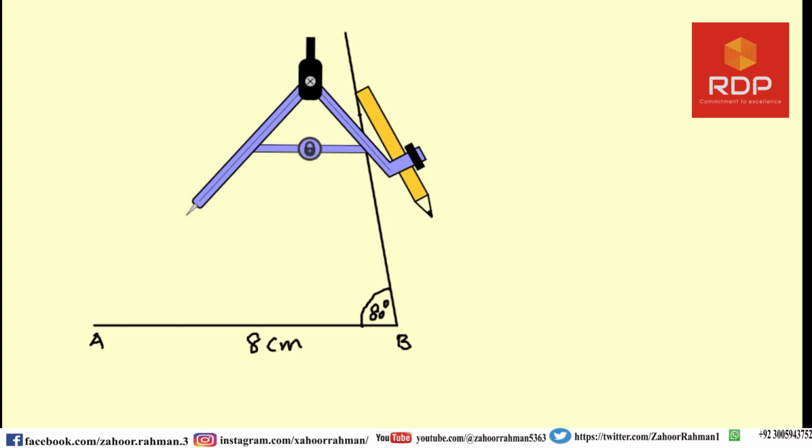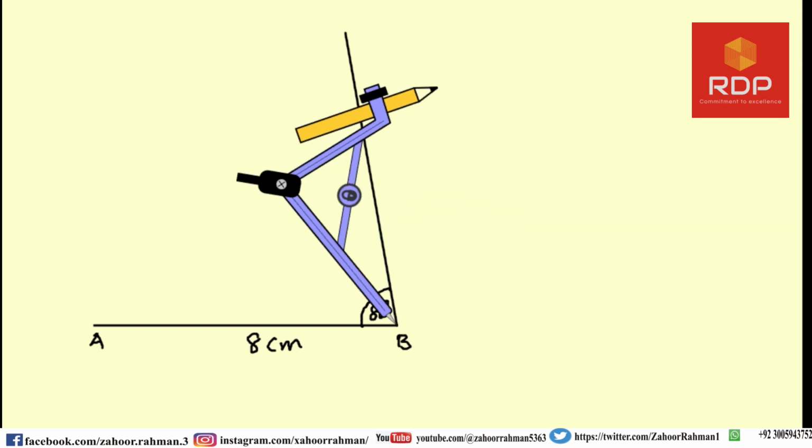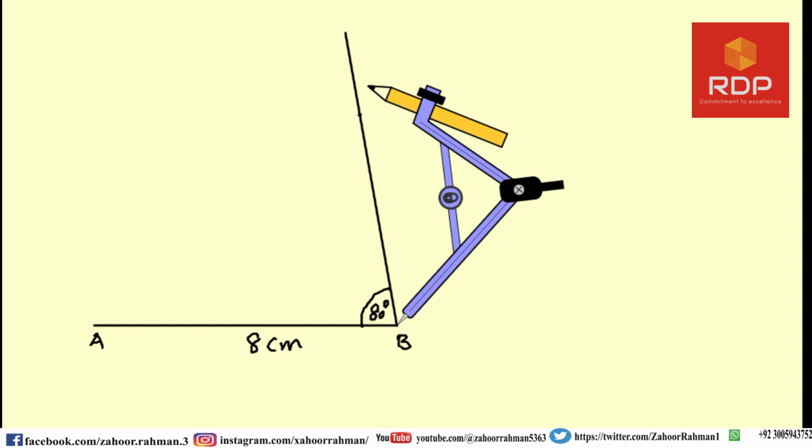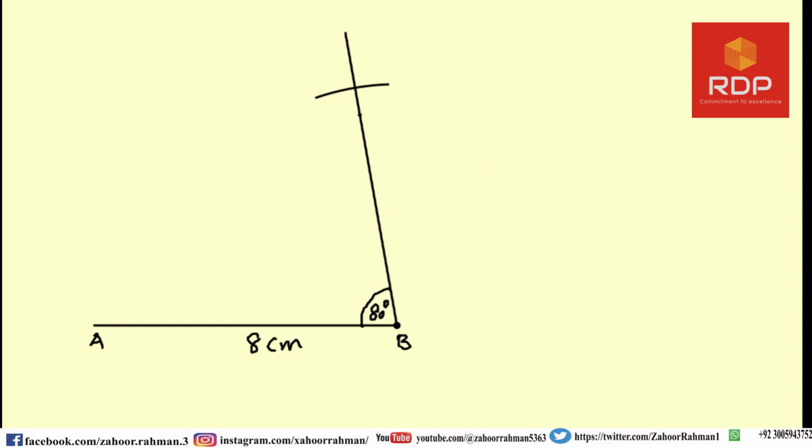Remove the ruler and put this tip here, and then you have to draw an arc which is of 6.5 centimeters. I am labeling it 6.5. Now from here I am drawing a straight line and then labeling it C.